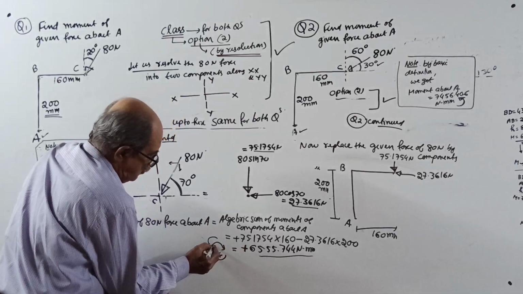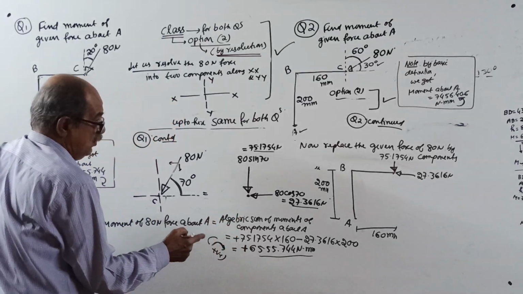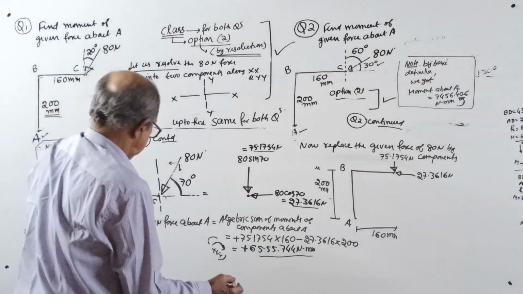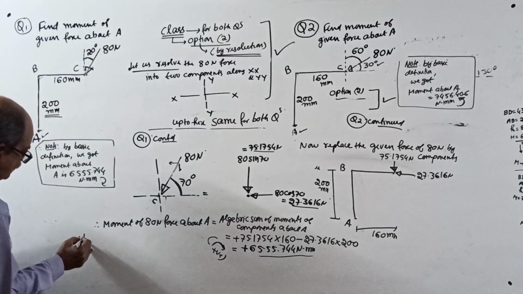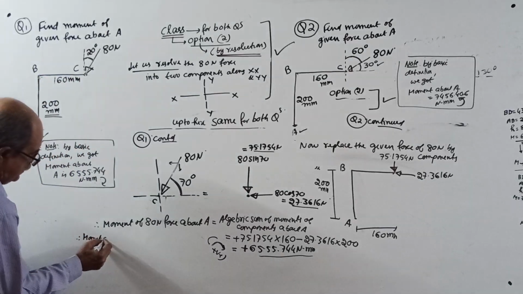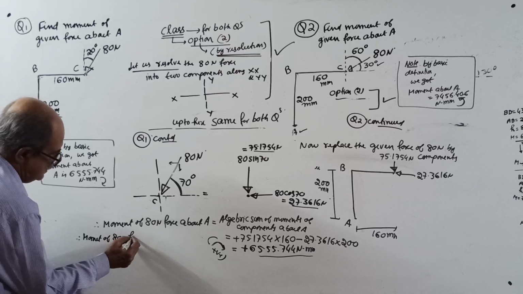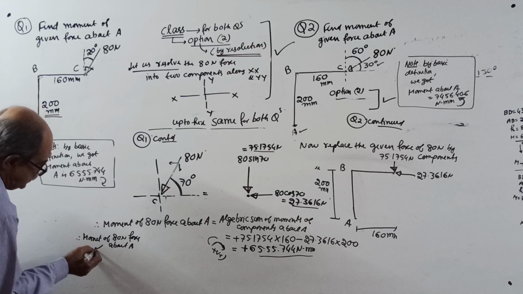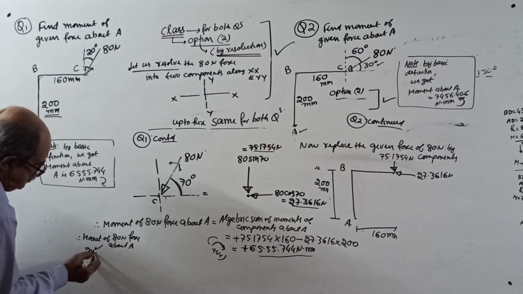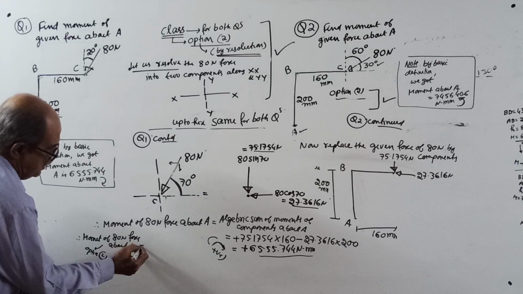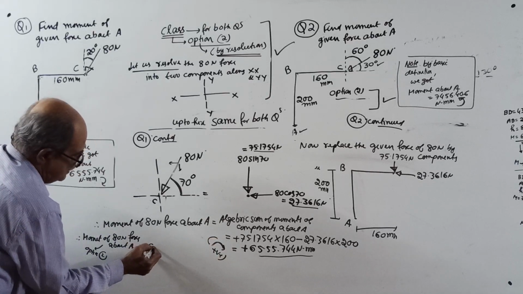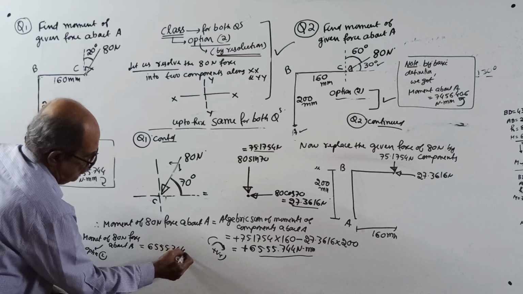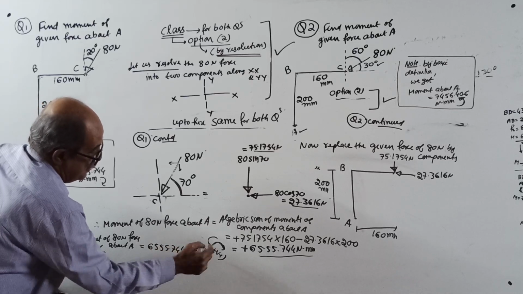Remember, positive came. Positive sign means what we considered is correct. Therefore, I will write the final answer here now. Therefore, the moment of the 80 Newton force about A, by option 2, that is by the resolution principle, we got plus 6555.744 Newton millimeter, clockwise.